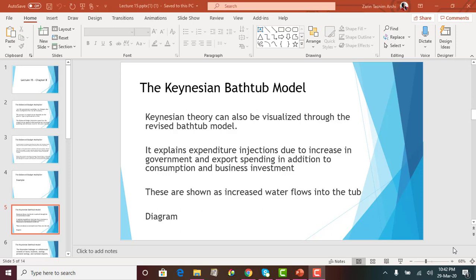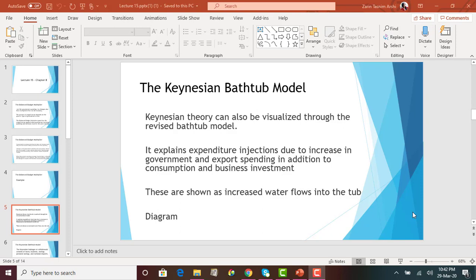So in this scenario, it explains expenditure injections due to an increase in government and export spending in addition to consumption and business investments. Again, if you remember, in the classical, there was no government, there was no foreign sector, there were no exports, or there were no imports.